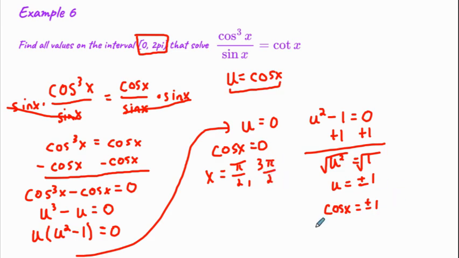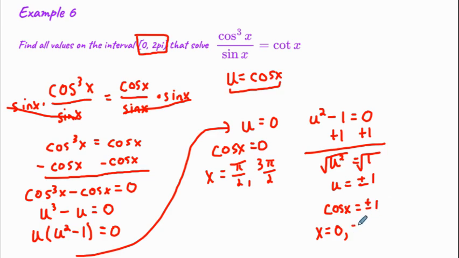Now, let's think of this in terms of two equations. Where does cosine x equal positive 1? Well, that would be at the location of 0 and 2 pi, but our interval indicates that we don't want to include 2 pi. Remember, parentheses in interval notation mean don't include the value. So we're just going to do the 0. So x equals 0. And then we want to know where cosine x equals negative 1. So where do we have the negative 1 in the x coordinate position?